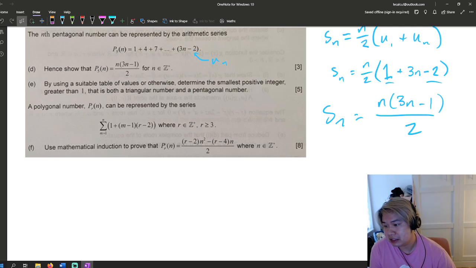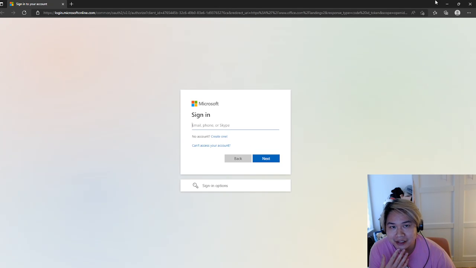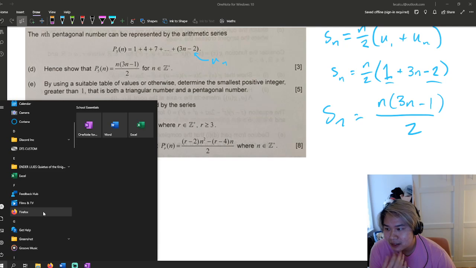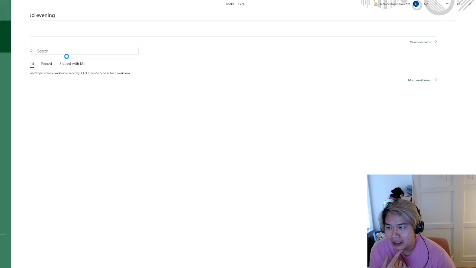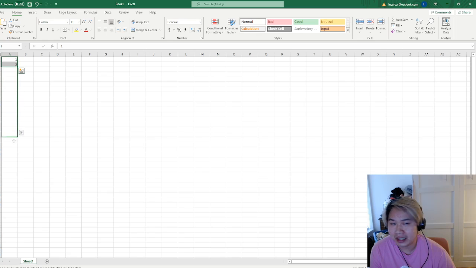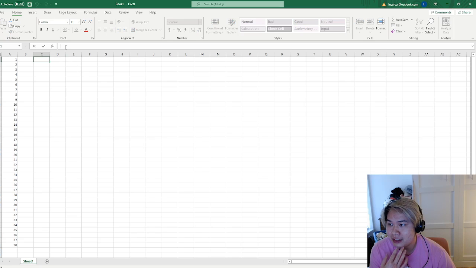You know what? Let's do it their way, except, oh shoot. Do I have Excel? I mean, I have Word. Aha, okay. Check this out. So we have 1, 2, and then these are going to be the n values. I'll just populate this. And then these are going to be my triangular numbers.